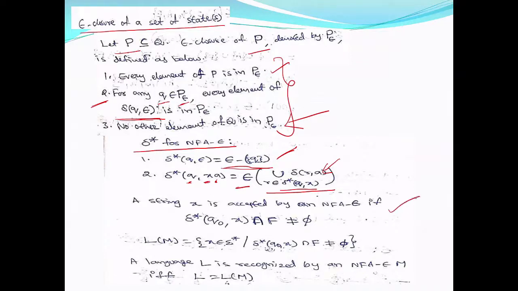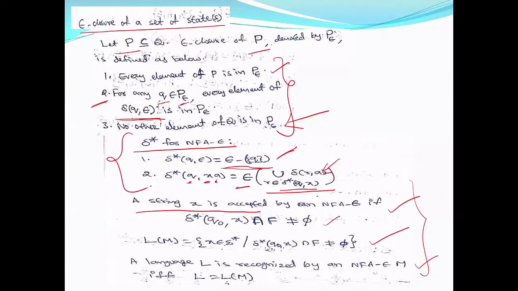And similarly, delta star for accepting a string x, and the language recognized by NFA epsilon, is the same just like NFA. All these are the same except this.